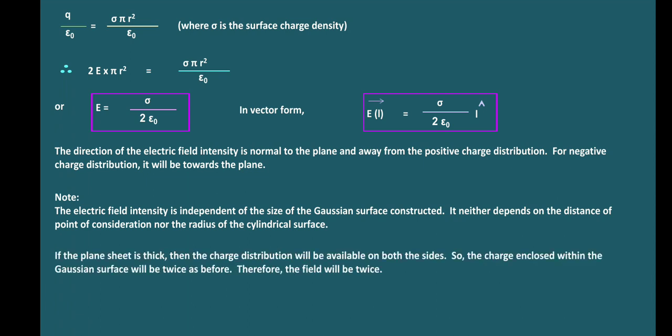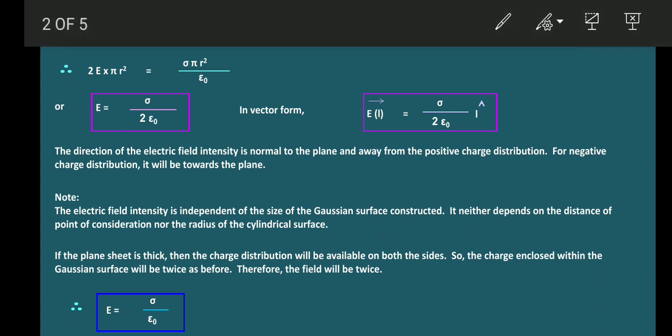If the plane sheet is thick, then the charge distribution will be available on both sides. So the charge enclosed within the Gaussian surface will be twice as before. Therefore, the field will be twice, so E will become sigma by epsilon naught. See here, we calculated the electric field value as sigma divided by 2 epsilon naught.